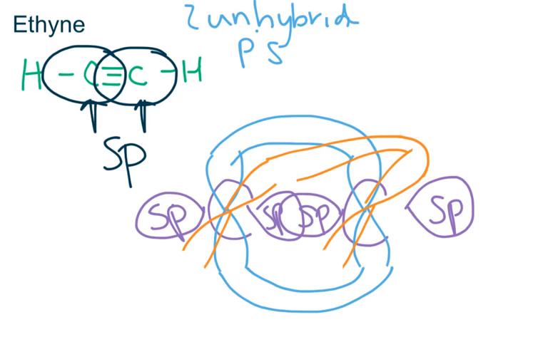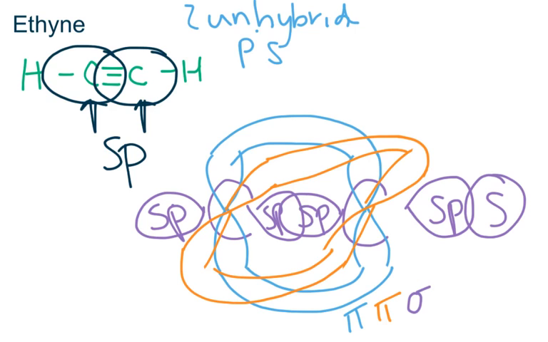All right, so the thing that I drew in blue is one of our pi bonds. The thing I drew in orange is another one of our pi bonds. And then here in the center, we have that purple overlap, which was our sigma bond. And then we have the two hydrogens, which are using their s orbital to bond with the sp. So there are two more sigmas.